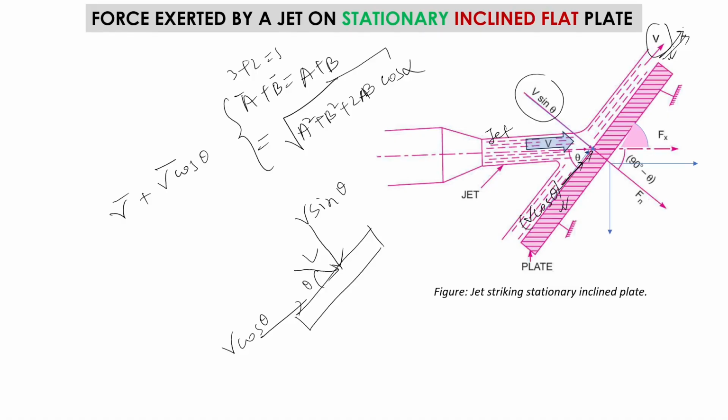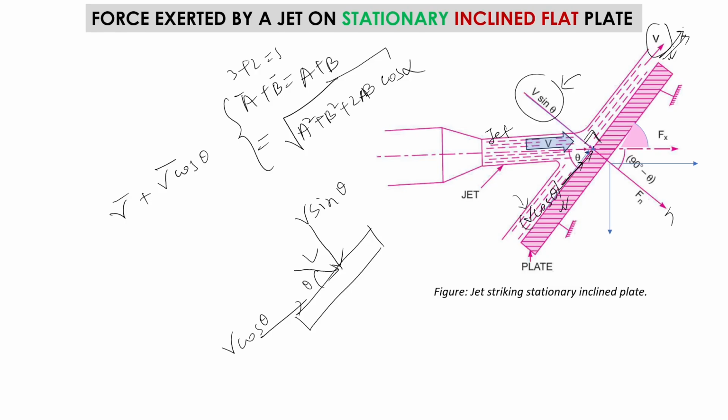This is a valid question. I want to clarify that this v sin theta is basically the initial velocity in the normal direction to the flat plate before striking the plate.